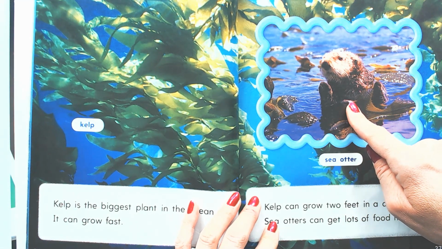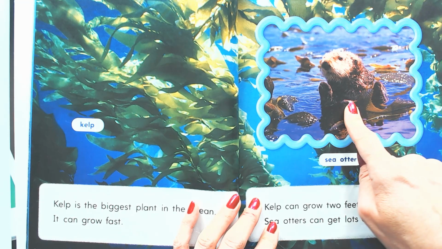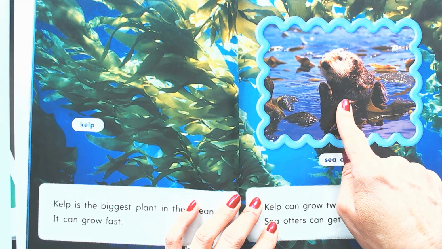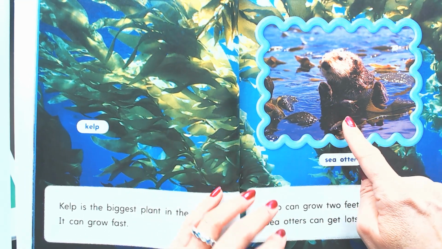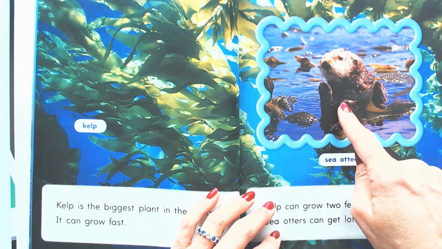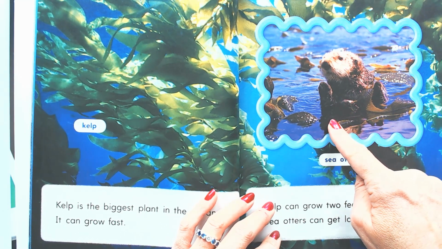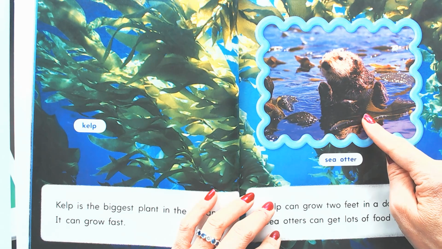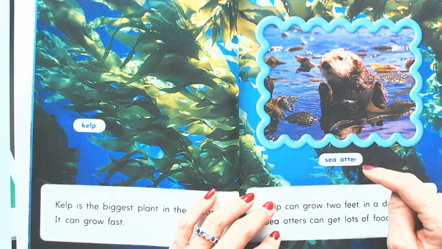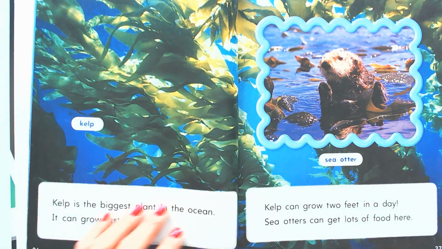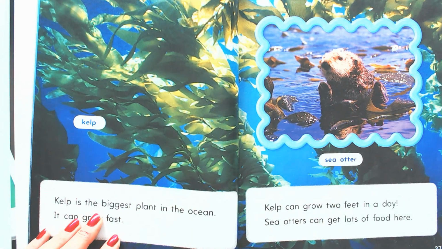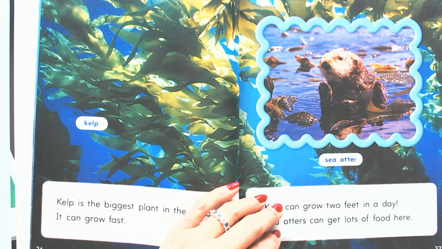What else can they eat? Maybe snails. They're sort of like carnivores. Oh, worms. They would eat worms. But like I said, they really, really like crabs. Maybe shellfish.